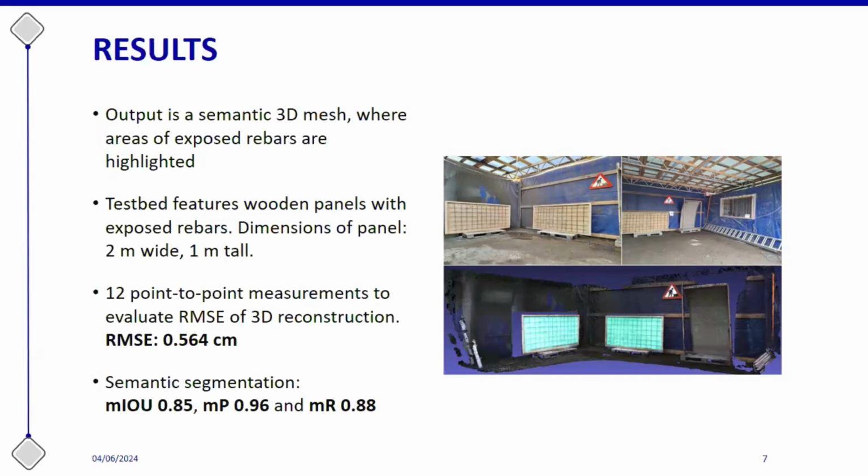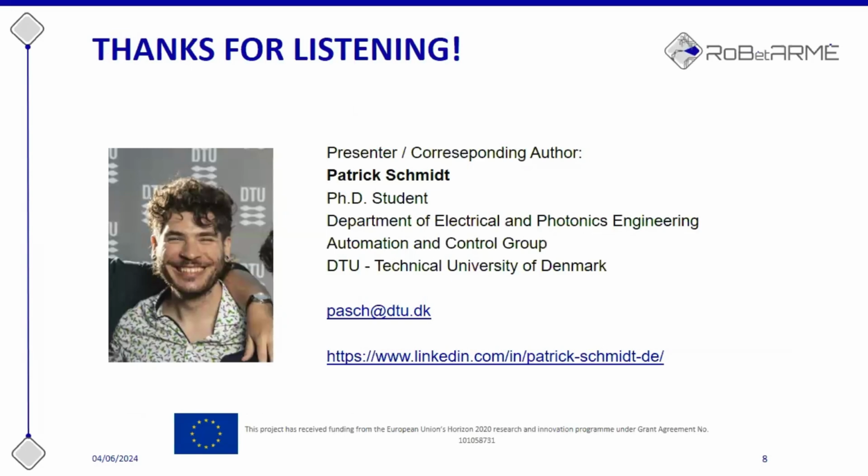We took 12 point-to-point measurements to evaluate the root mean squared error of the 3D reconstruction, and it boiled down to 0.564 centimeters. For the semantic segmentation module, the metrics can be seen here. We achieve an mIoU of 0.85, a mean precision of 0.96, and a mean recall of 0.88. That's all, and thanks for listening.